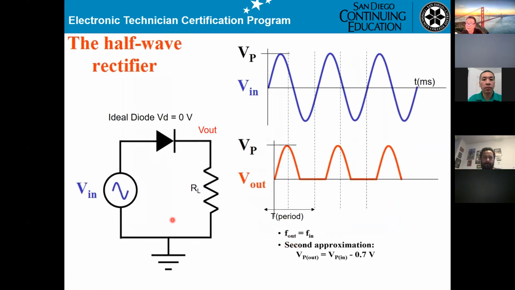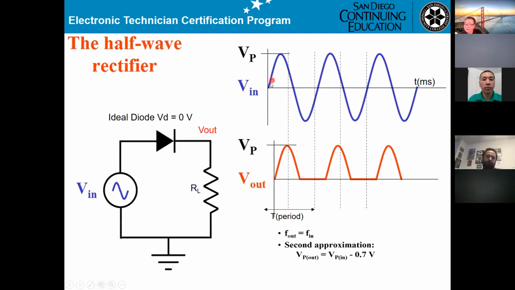Now we're talking about the half-wave rectifier in a little more detail. You have a sine wave applied to the diode, and that will be the load resistance. When the input is positive and more than the diode voltage, 0.6 or 0.7, the diode will be on.